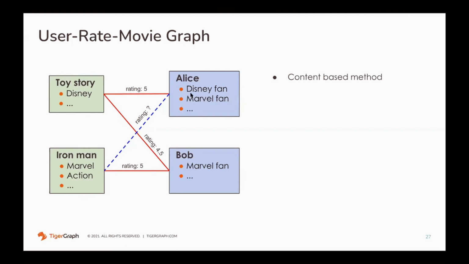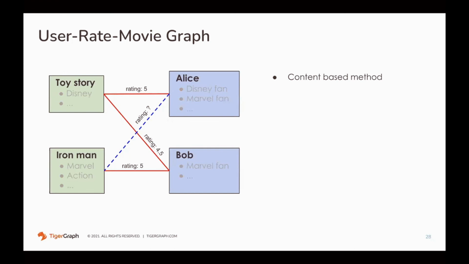So we can say that if Alice likes Toy Story, Alice would also like Iron Man. That's a content-based recommendation: if we have this data-rich feature set, we can use this method to predict or recommend new movies to users.